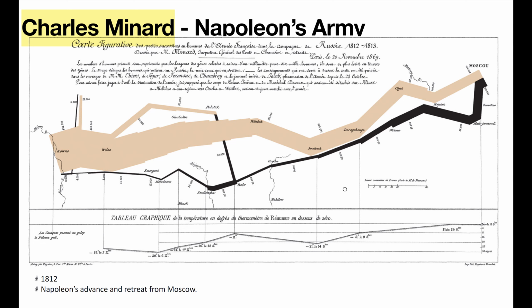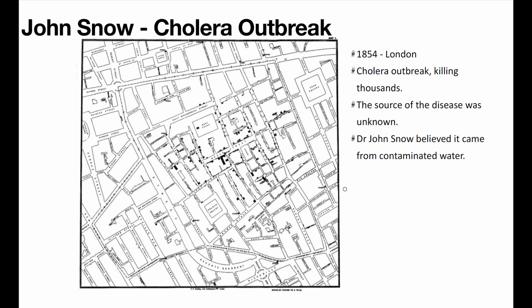This is the most well-known of this guy's graphical representations of data, but he actually produced a number of similar kinds of images to represent various different things. This one we've already seen.